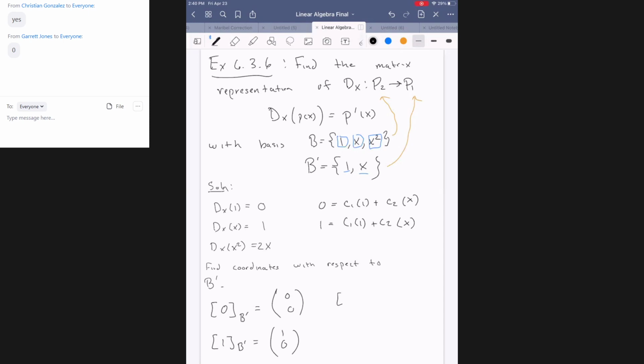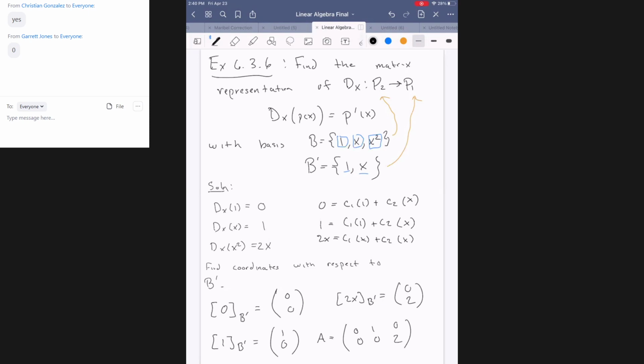And the coordinates of 2x with respect to B prime: 2x equals c1 times 1 plus c2 times x, so 0, 2. So that means A is going to equal the columns 0, 0, then 1, 0, and then 0, 2.